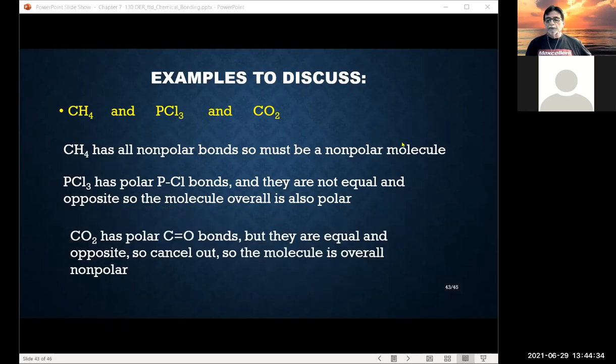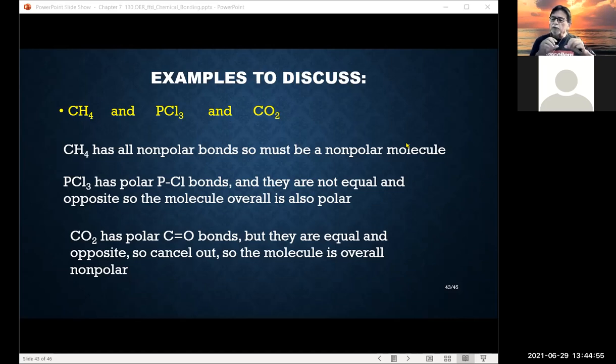Okay. And then carbon dioxide, we talked at length about that. Because of the direction of the polar carbon oxygen bonds, they cancel each other out, so we end up with a non-polar species. What this does is we kind of use this as we use water and oil.